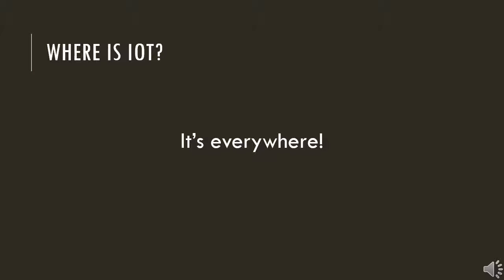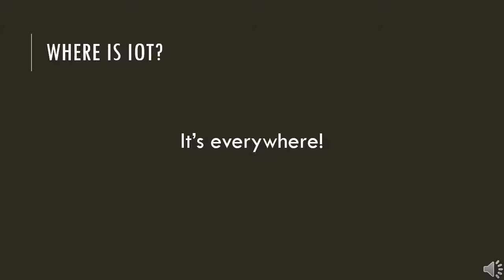So, where can we find this Internet of Things, IoT? If you look around, you'll find it everywhere. Yes, you heard it right. Everywhere. Internet of Things can be found in your mobile, your fridge, your laptop, your Alexa, your Google Home, even in your car.